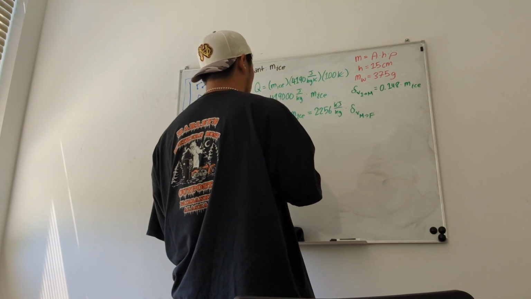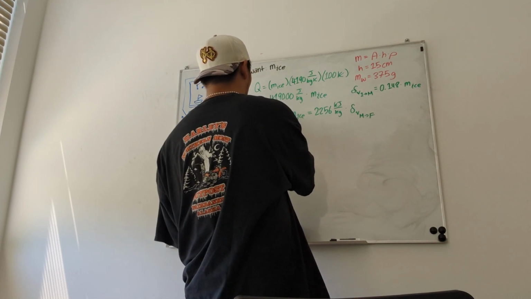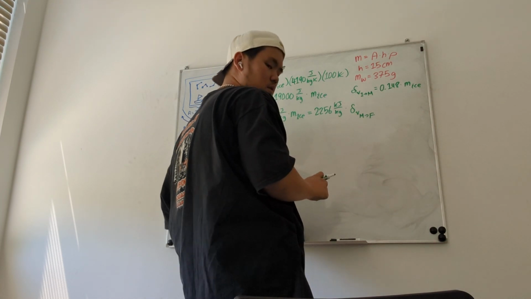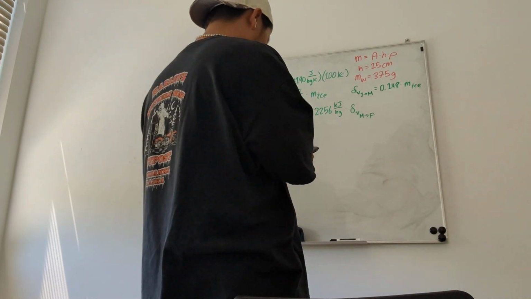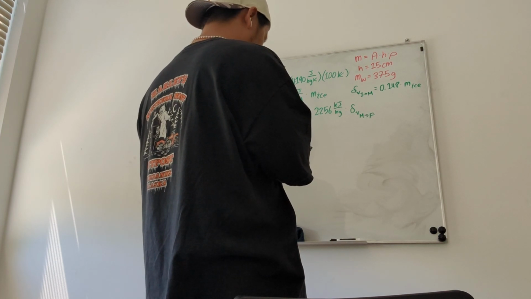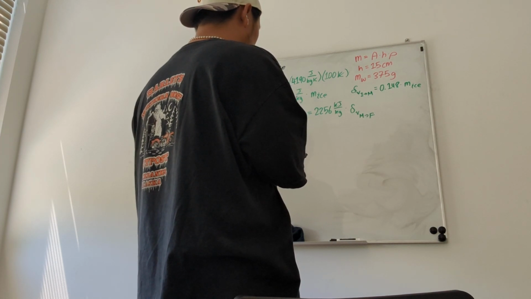What we get is that mass is 419,000 divided by 2256.